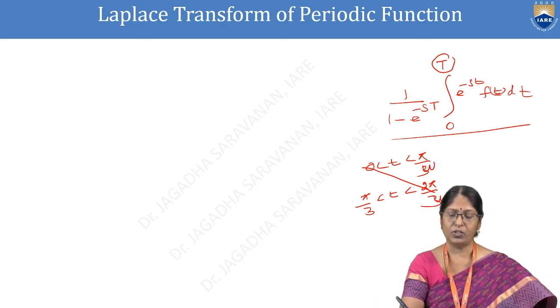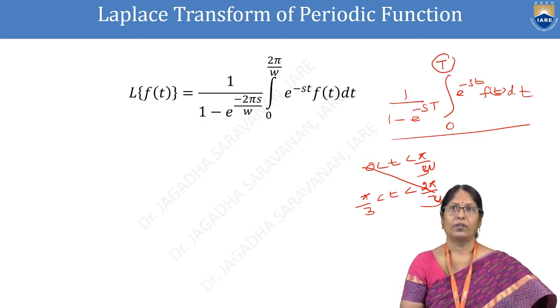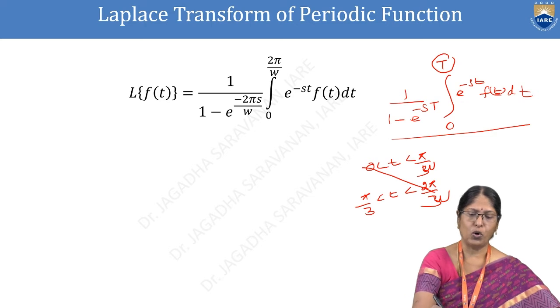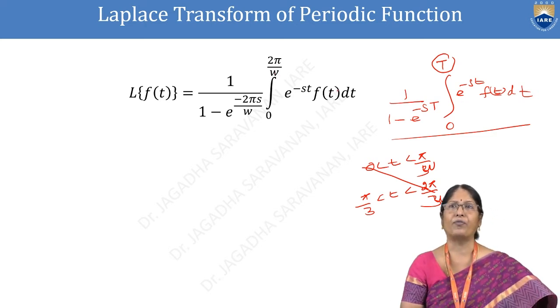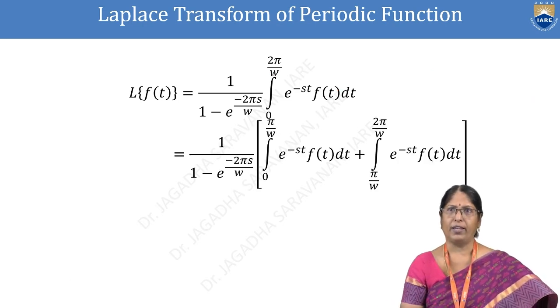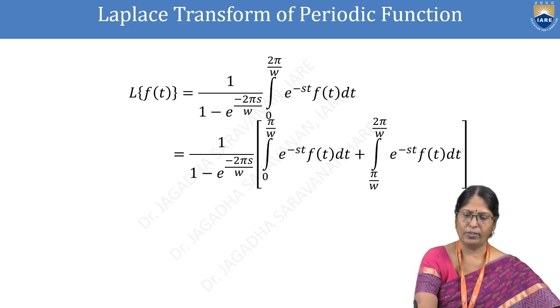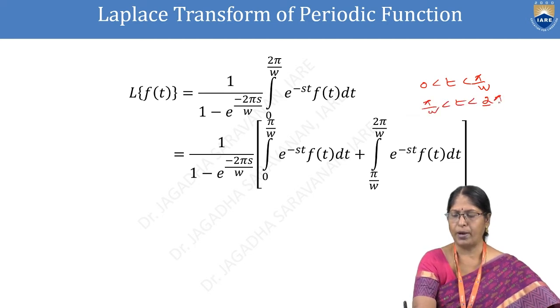Pi by w, it is 2 pi by w. Now, so 0 to 2 pi by w, e power minus st f of t dt. So 0 to capital T should be split in such a way according to our problem, because the t lies between 0 to pi by w and pi by w to 2 pi by w.